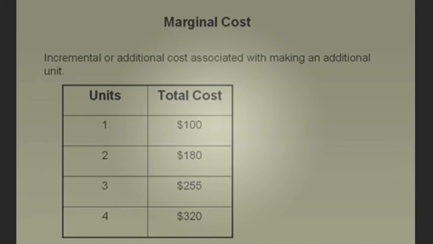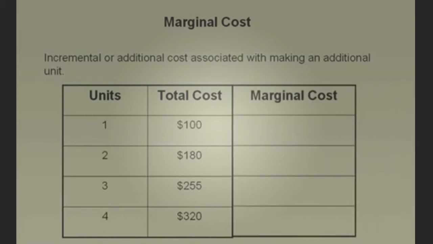Well, when you make the first unit, it's 100. When you make the second unit, the additional cost is $80. When you make the third unit, 75. The fourth unit, 45. Marginal cost decreases as we make more units.